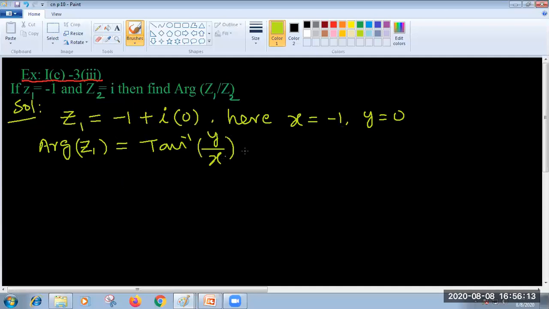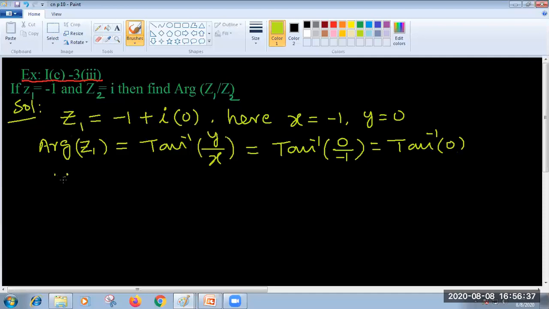So now tan inverse, y value is 0 and x value is minus 1, that is tan inverse 0 by anything is 0.